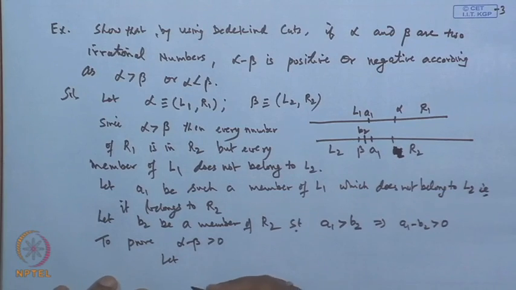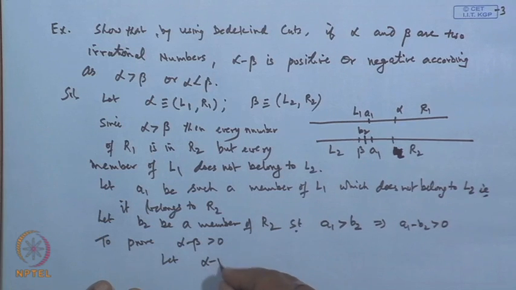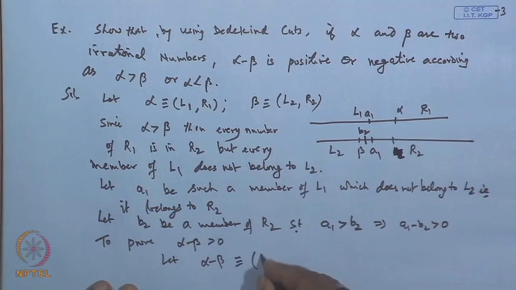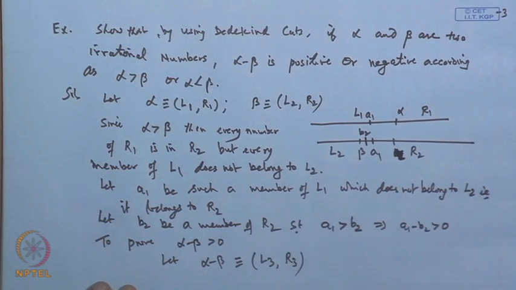Yes, then only it is considered to be positive. So, let alpha minus beta be represented by a section, say L 3 R 3. If I prove L 3 contains some positive number, then alpha minus beta becomes greater than 0.